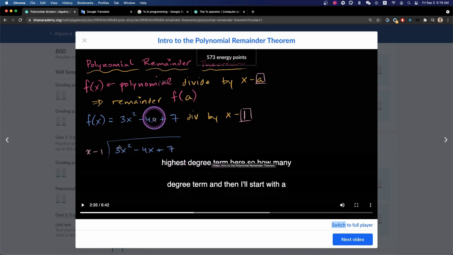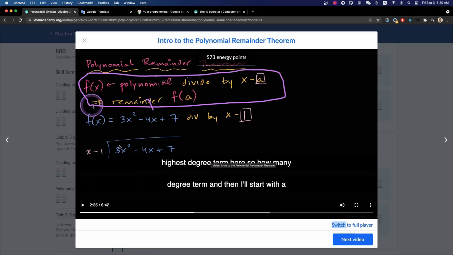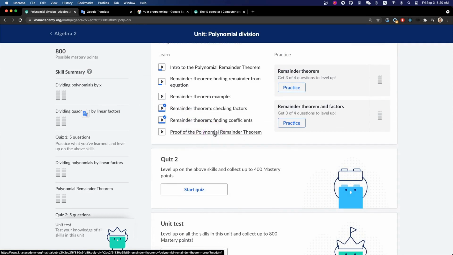What he did is just tell us what the theorem is. For example, if it's divided by x minus something, then we use that something right in here and we get f of something. But he didn't tell us how that was found, or how that rule was discovered. So we would probably need to go to the last video to know that.